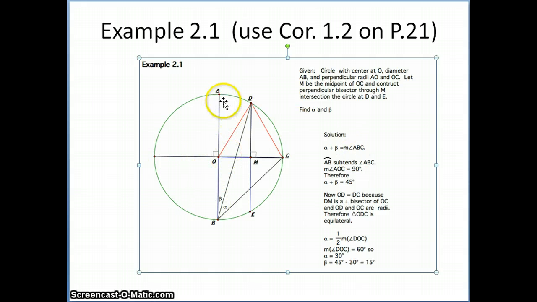So if this arc ADC is 90 degrees, the inscribed angle must be half of it, which is 45 degrees. So this inscribed angle ABC, which is also alpha plus beta, is 45 degrees. So first we find out alpha plus beta is 45 degrees. And next we know this DE is the perpendicular bisector.